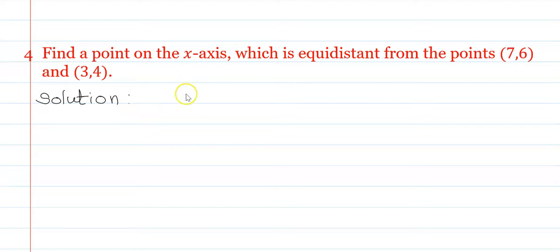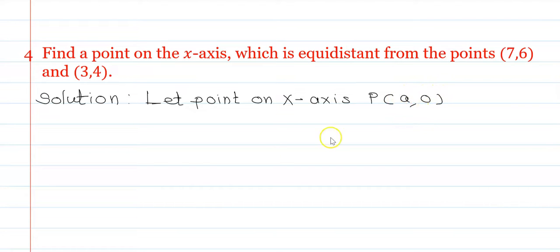Here let the point on the x-axis be P. As the point is on the x-axis, its y coordinate is 0, and suppose that it is (a, 0), and the other points, the first point is A (7, 6) and B is (3, 4). The point P is equidistant from A and B.